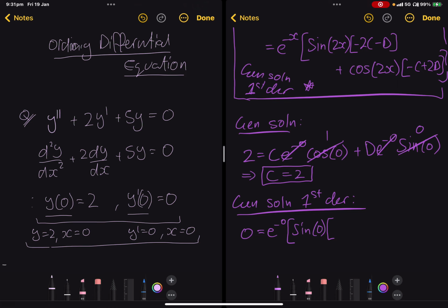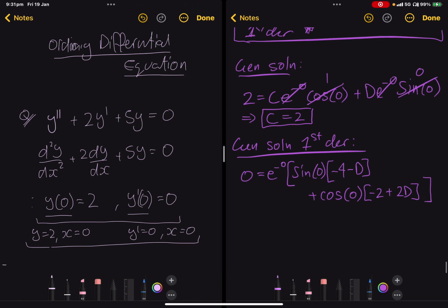Well, we know c is 2, so minus 2 times 2 is minus 4 minus d. Then plus cosine of 0 times minus c plus 2d. Well, we know c is 2, so that's minus 2 plus 2d. So we have this equation.